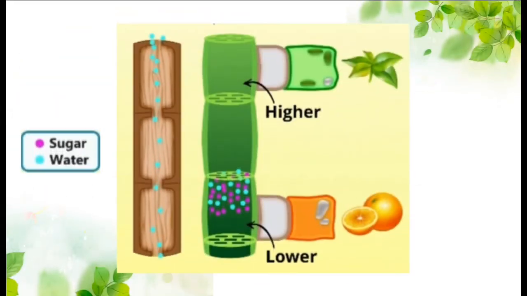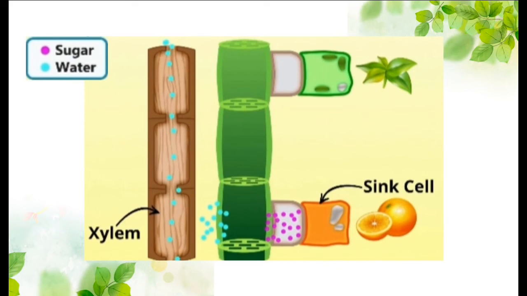So the whole set moves from an area of high concentration to an area of lower concentration. This process allows the phloem to move the sugar solution to the sink cell. As the sugar enters inside the sink cell, the water moves back to the xylem, again by the process of osmosis. So finally, the sugar has moved from the source cell to the sink cell.